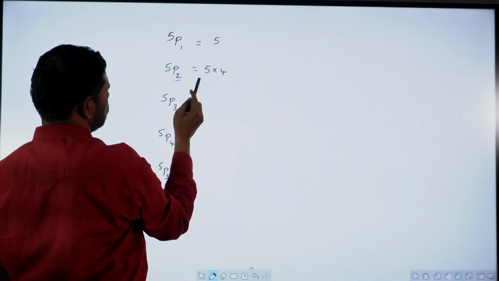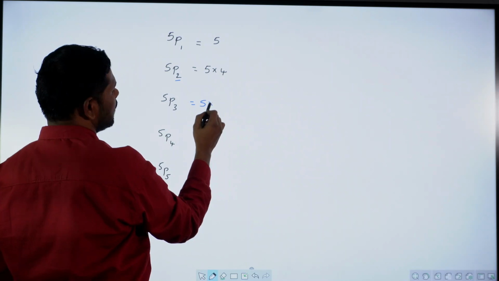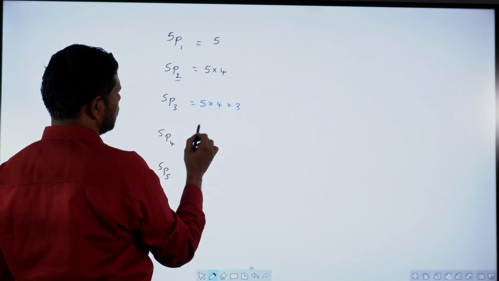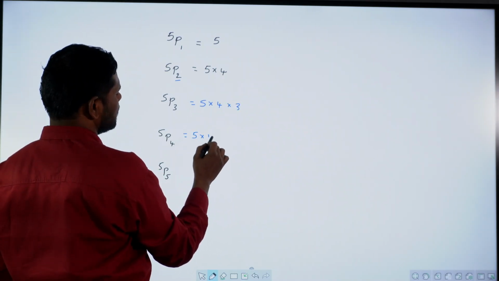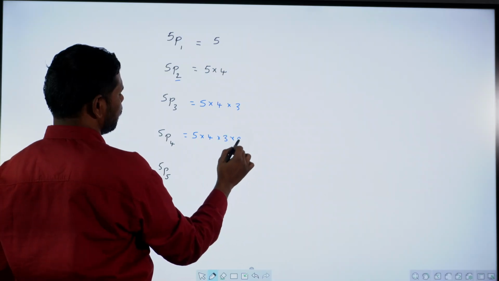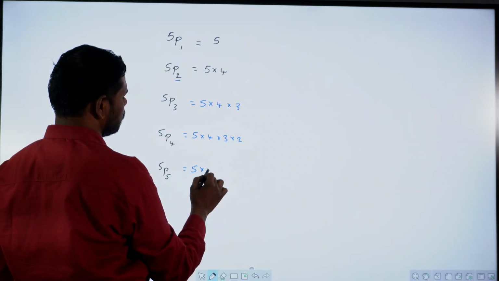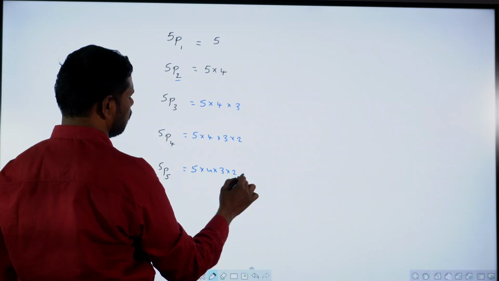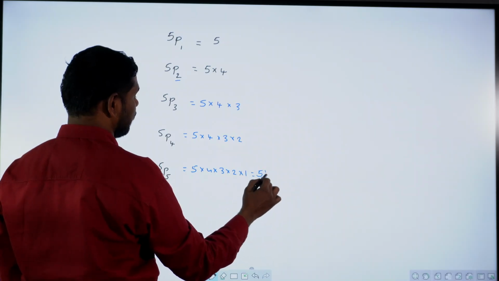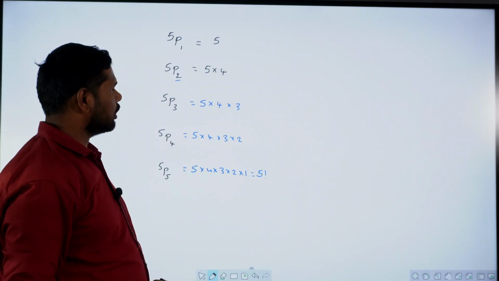The base is 2, so up to 2 terms. 5P3 means up to 3 terms in decreasing order, 5 into 4 into 3. 5P4 means 5, 4, 3 into 2. 5P5 means 5 into 4 into 3 into 2 into 1. It is nothing but 5 factorial. So like this we are going to convert.